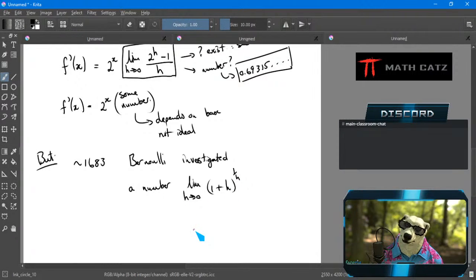And this features in one form or another in compound interest formulas. When you let the compounding period shrink down to 0 or close to 0, you get this kind of thing that you have to evaluate. And he did it by trial and error and maybe might derive some properties and realized that it existed. It's a number. This approached, sadly, also a non-repeating, non-terminating decimal number, 2.718.